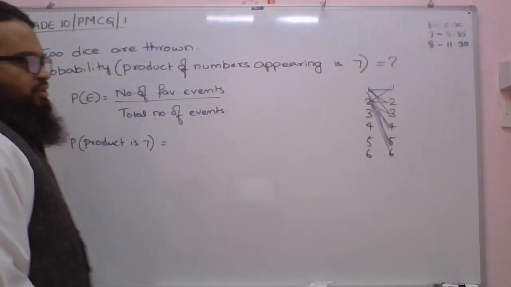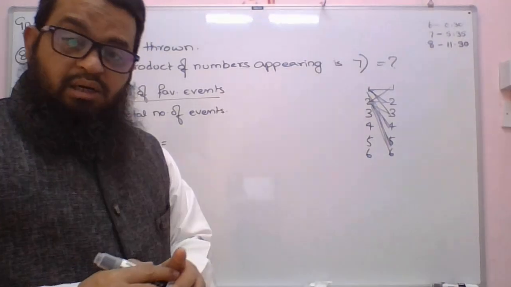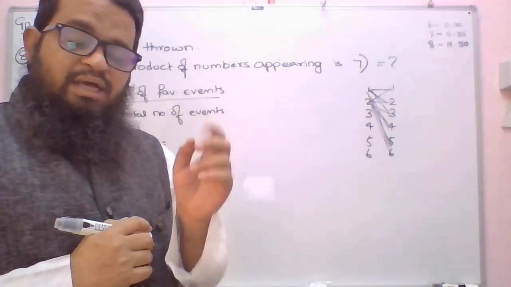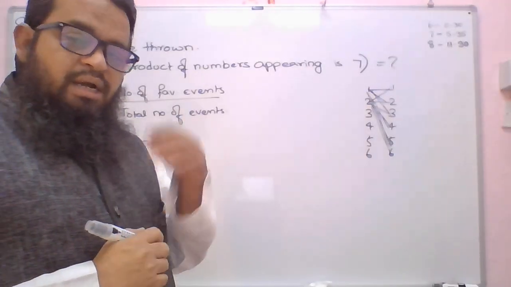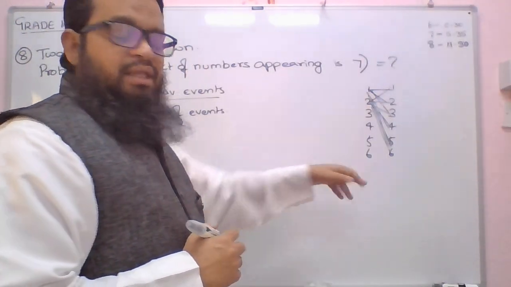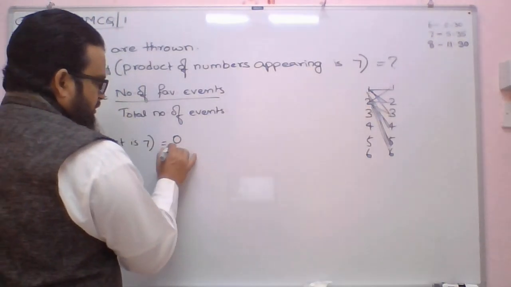Favorable outcomes: you will not get 7 when you multiply any two numbers. Understood? Other than 1 and 7, you can take any number, you will not get 7. So the total number of favorable events is equal to 0.